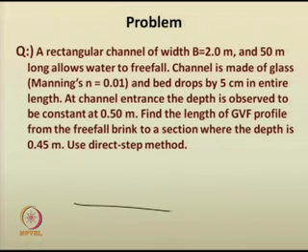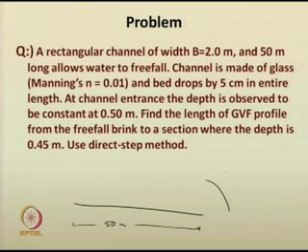So, you have the length like this, 50 meter length, channel width is 2 meter. It is allowing free fall from this edge, so this is the brink. The bed drops by 5 centimeter in the entire length, from here to here.